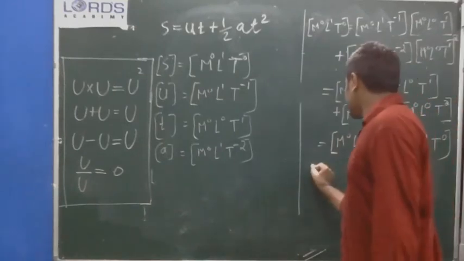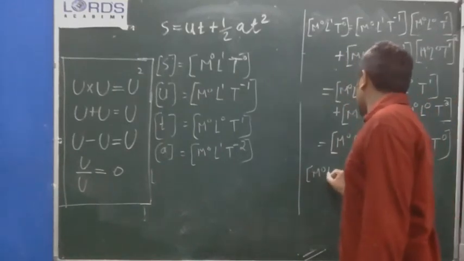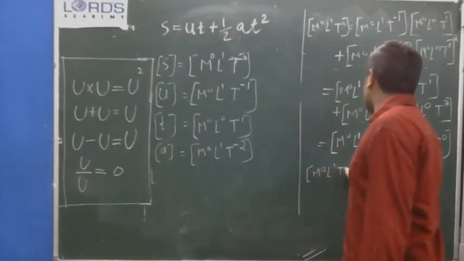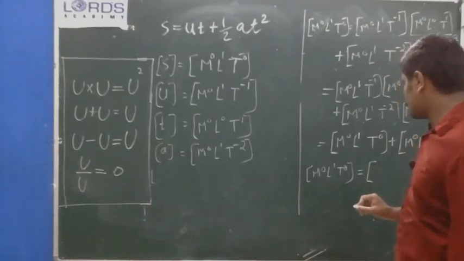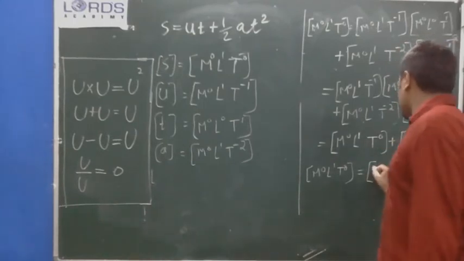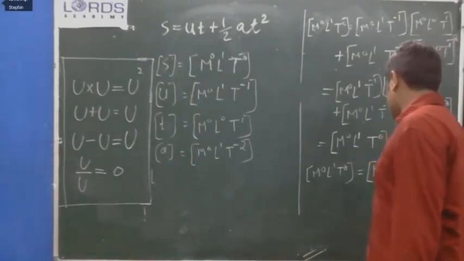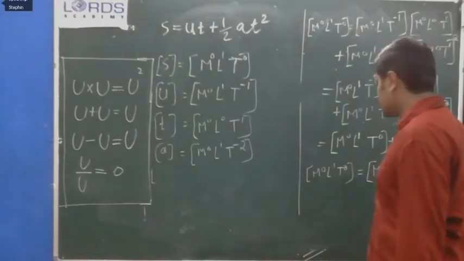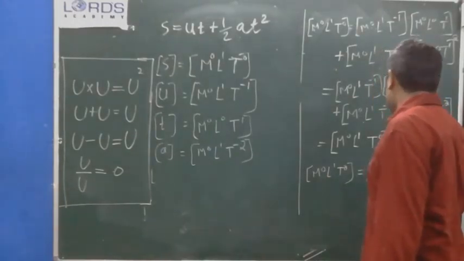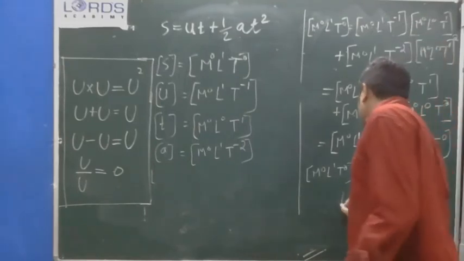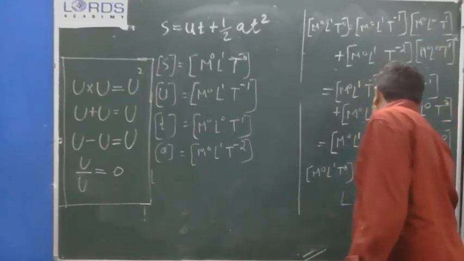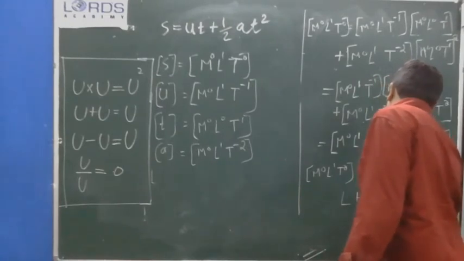See, here it is M raised to 0, L raised to 1, T raised to 0, equal to, Stephen? M raised to 0, L raised to 1, T raised to 0. So we have proved that LHS equals RHS.